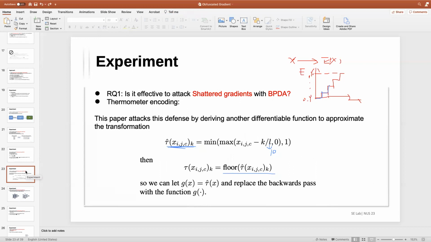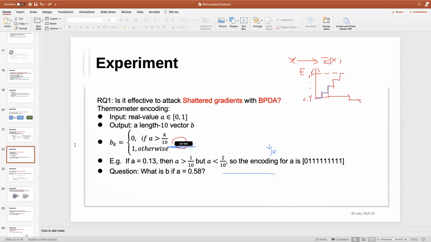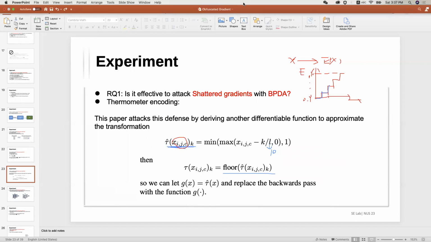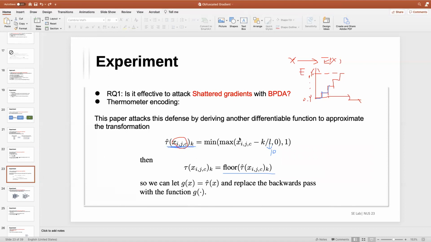So max xij is a vector. Is the value A the real value A? Okay, so the real value A. So can you give an example here? It's quite confusing. Okay, so if x is 0.13, and suppose now my k is equal to 1, then 0.13 minus 1 over 10 is 0.03, right?